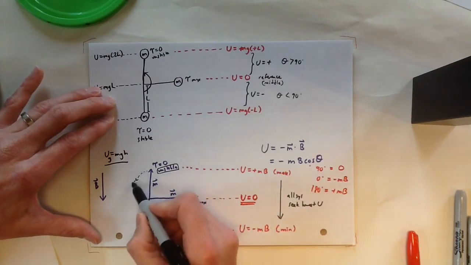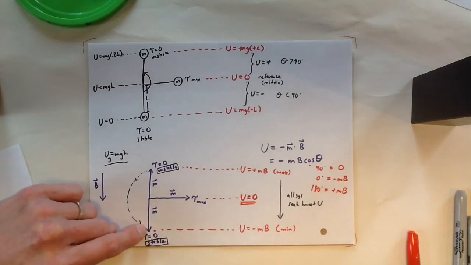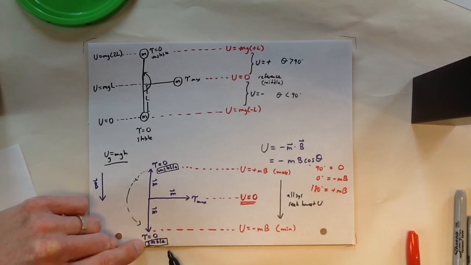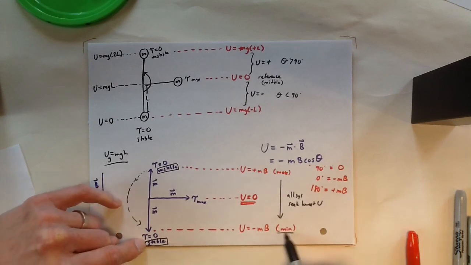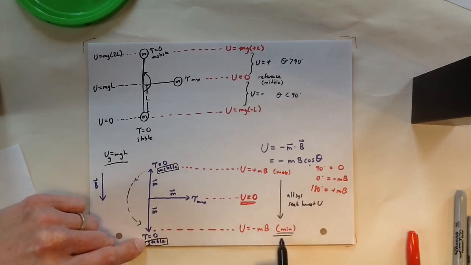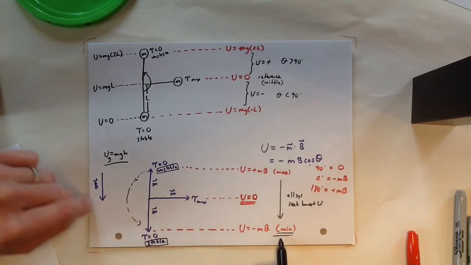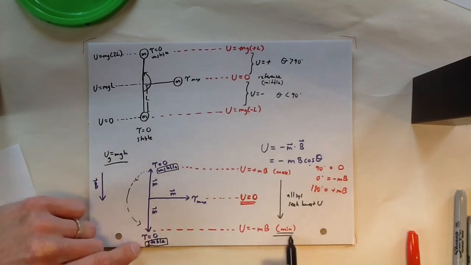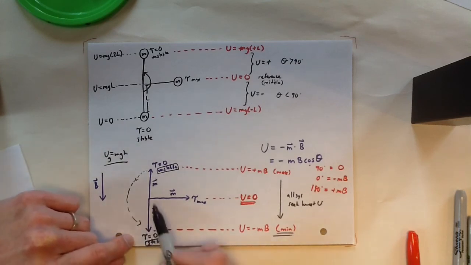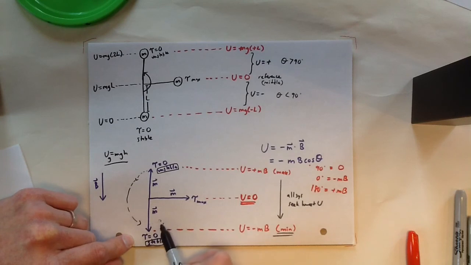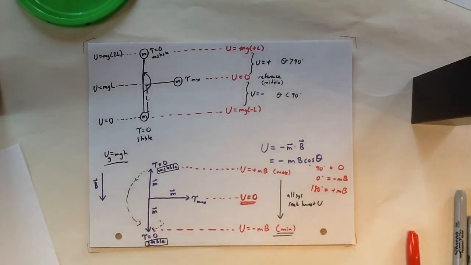So that's why this is going to flop over and want to seek this one. It's unstable. And at the same time, this one is stable because this is the lowest potential energy possible for this particular system. Dipoles want to align with the field because that is the lowest potential energy state. And if you poke it a little bit, of course, it wants to come back. So that makes it a stable equilibrium.